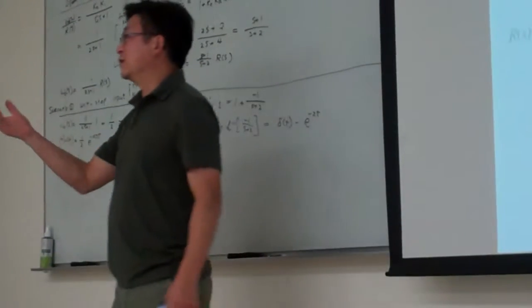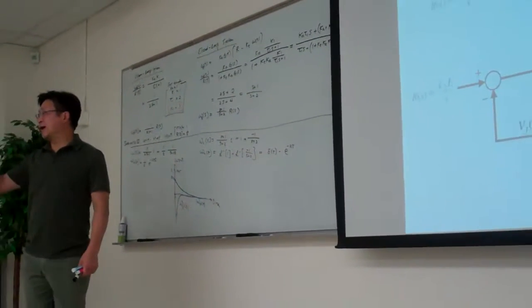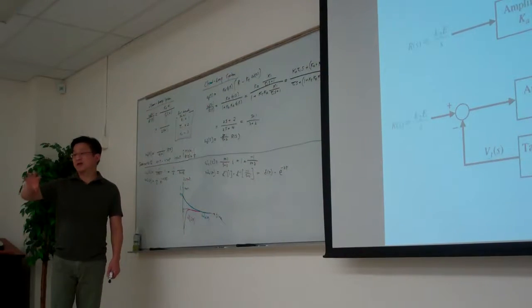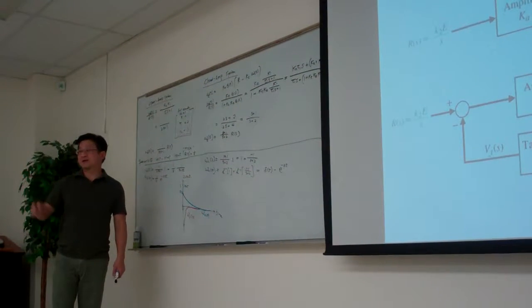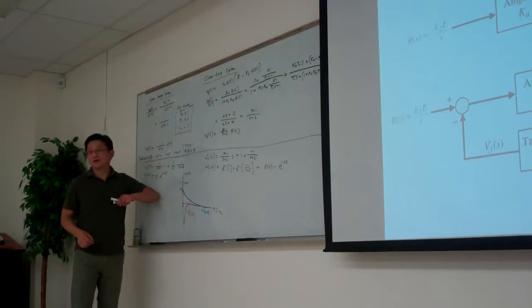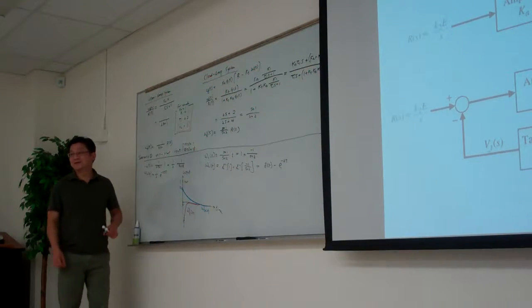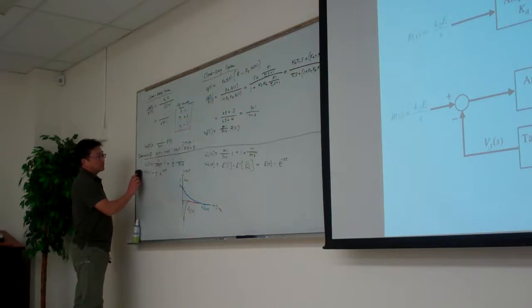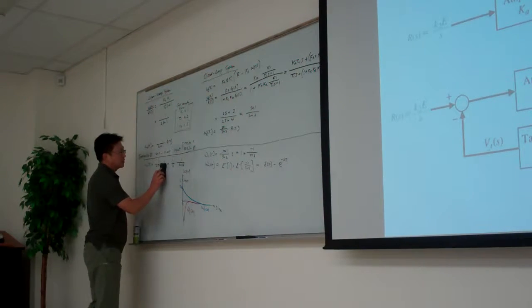If we like to control a system like a rotating system, then positive unit impulse is like this, negative is like this. But in terms of this one, I don't know how to apply it. Okay. So without any more questions, then let me proceed.